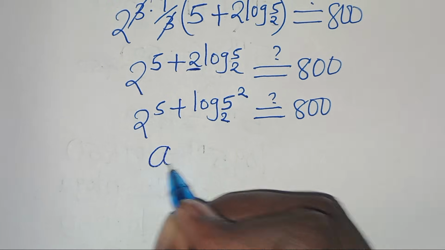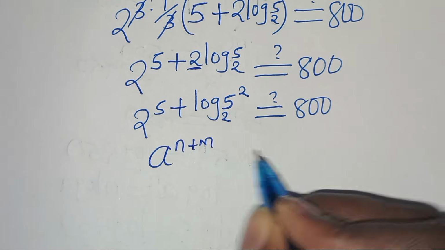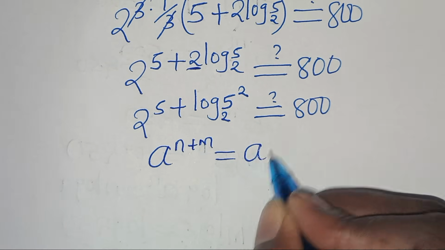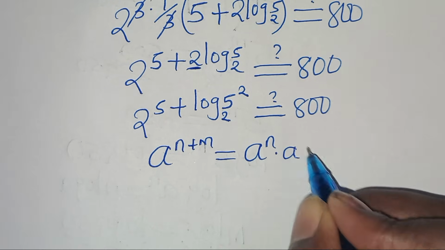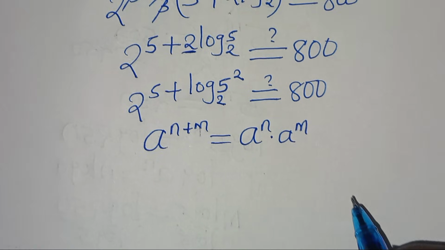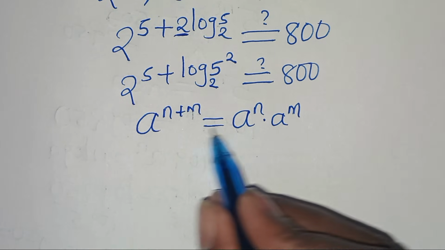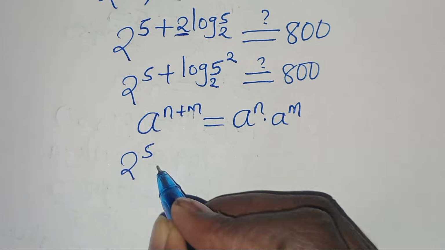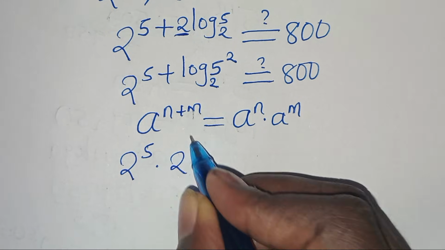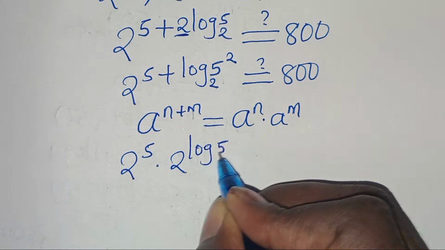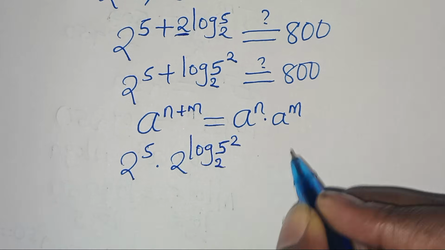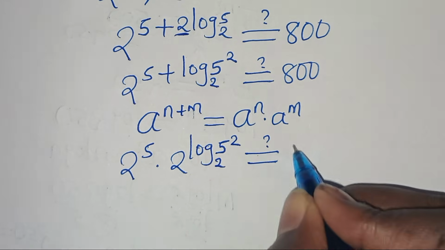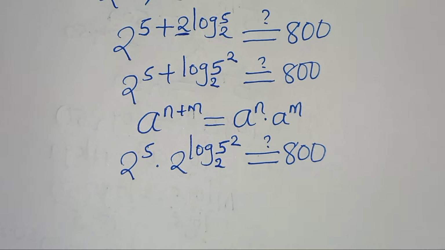This is in the form of a to the power of n plus m, which we can express as a to the power of n times a to the power of m. Applying this exponent property, we have 2 to the power of 5 times 2 to the power of log 5 squared to base 2.